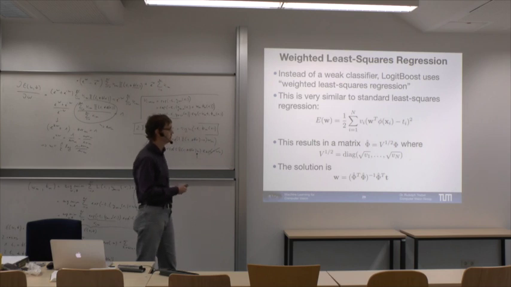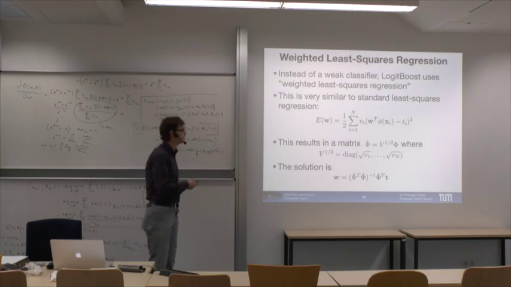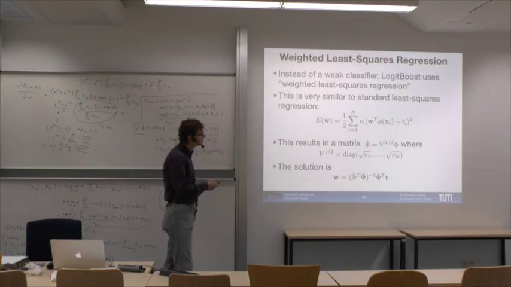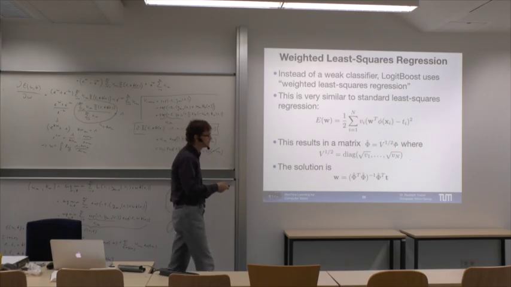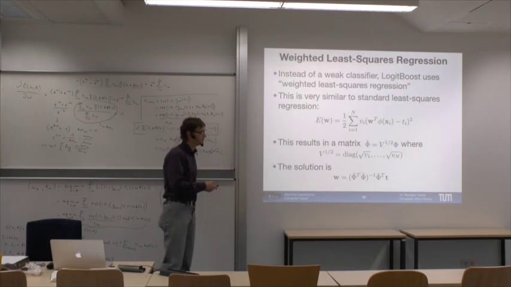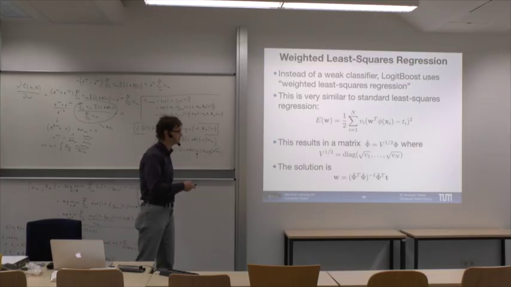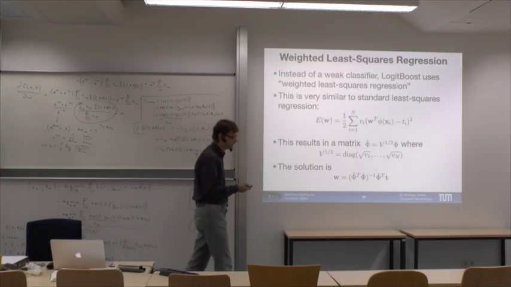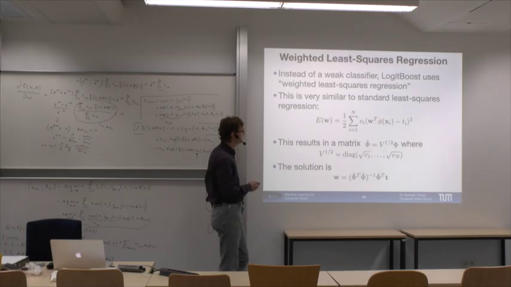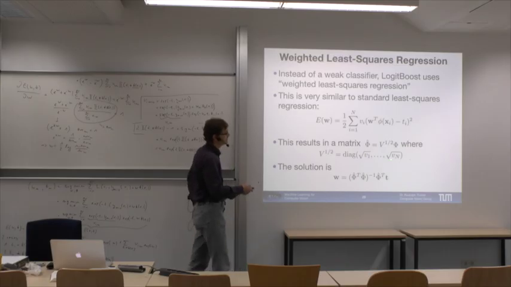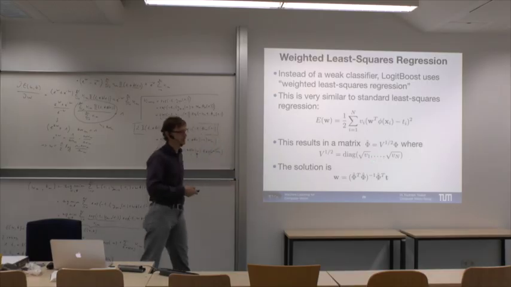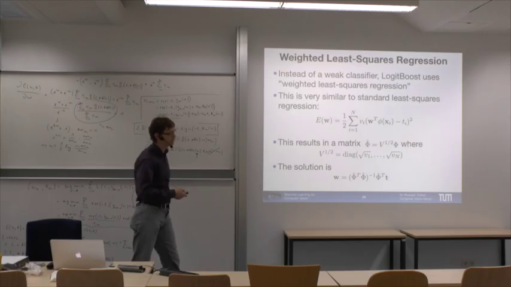If you write this down, as we did with linear regression, you have to find a matrix phi hat, and this phi hat is simply v squared times phi, where phi is our matrix from the standard linear regression, and v is the diagonal matrix with the square roots of the weights on the diagonal.